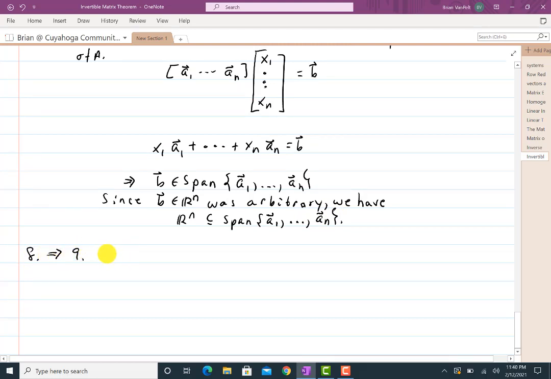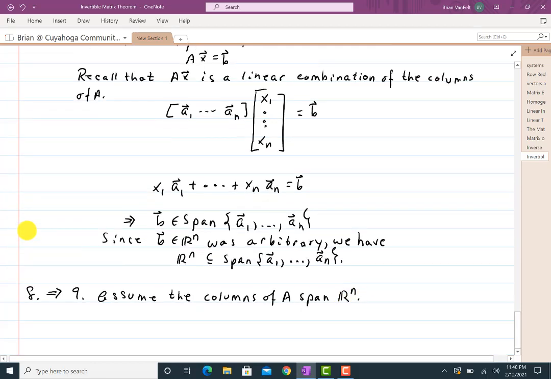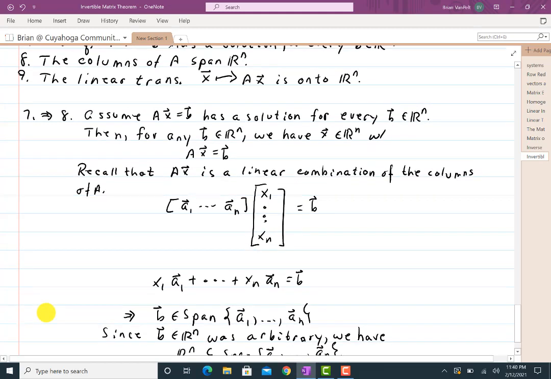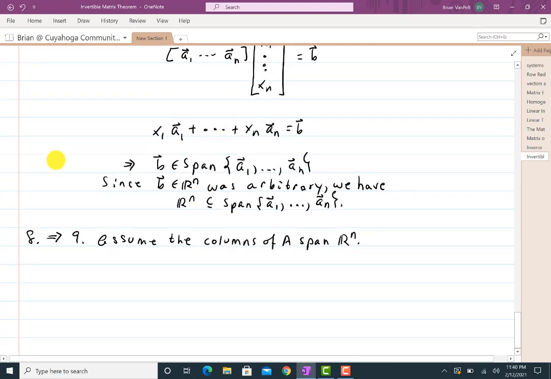And now we assume the columns of A span Rn. And let's see what 9 wants us to prove. 9 says the linear transformation x to Ax is onto Rn. Well, that's pretty easy to do then.